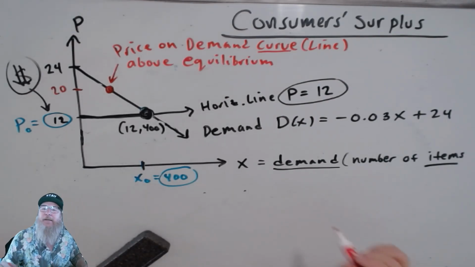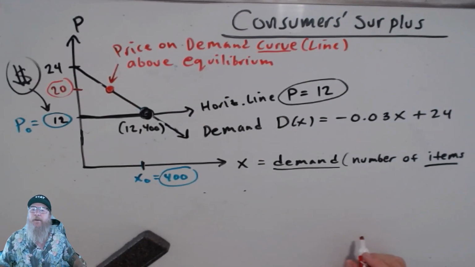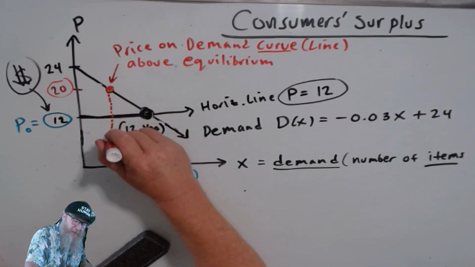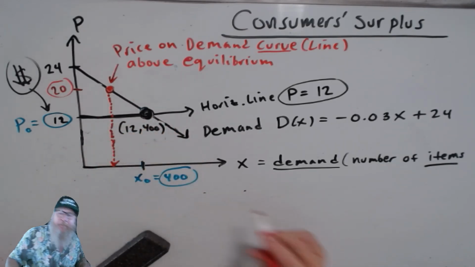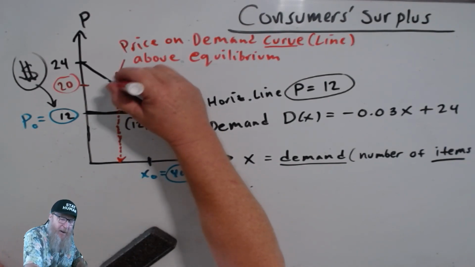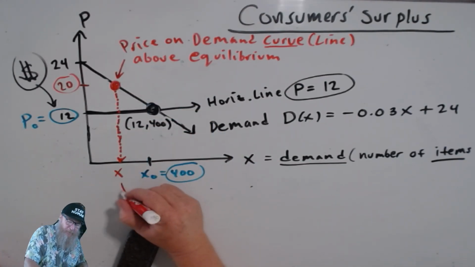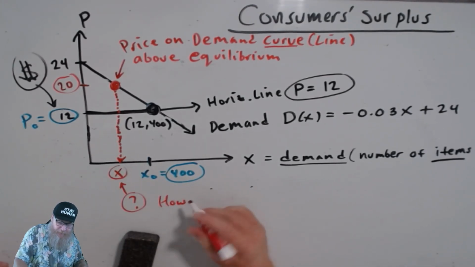You can pick any price. I'm just randomly picking $20. It really doesn't matter. Well, you're going to have a certain number of people that are willing to buy this. That's a terrible line. That's supposed to be a straight line. But this price would correspond to less than 400 people. You can think about how many people would buy it.